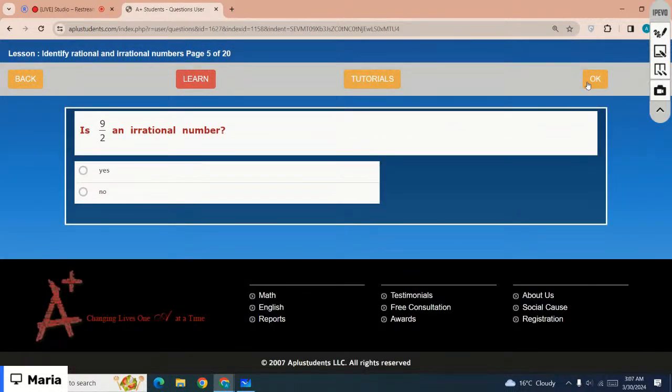Okay, the next one is 9 by 2 an irrational number?